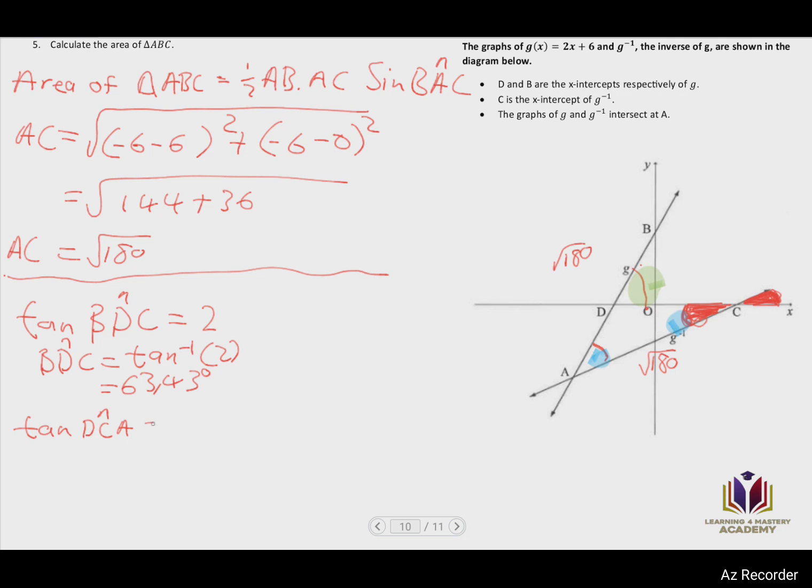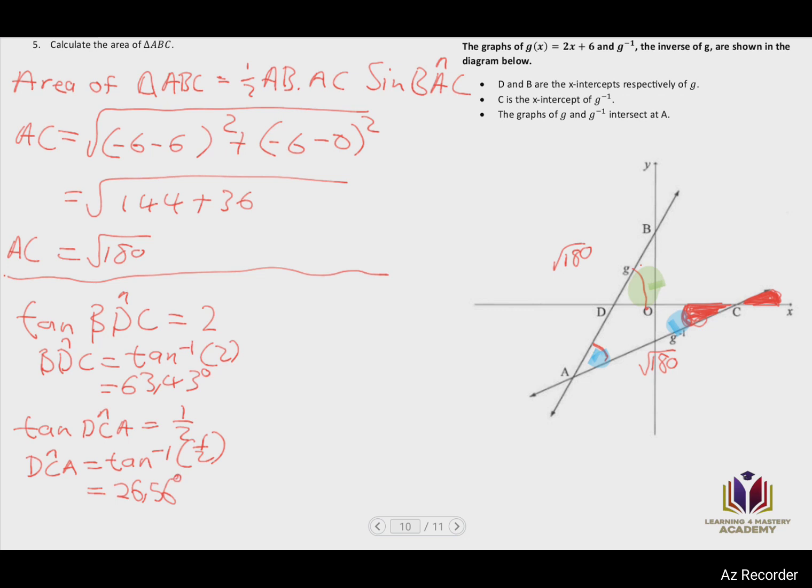So then I'm going to say equals to DCA. What is the gradient of the inverse? It's going to be 1 over 2. Then we say DCA is equal to tan inverse of 1 over 2. You do that, there we go, gives you 26.56 degrees.